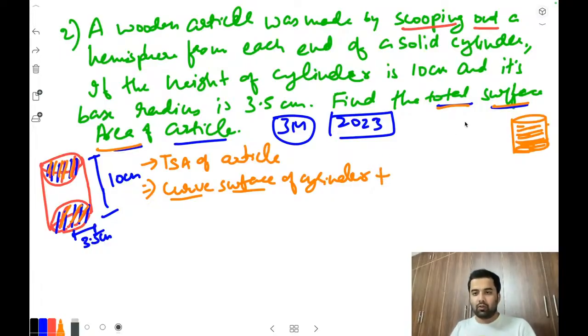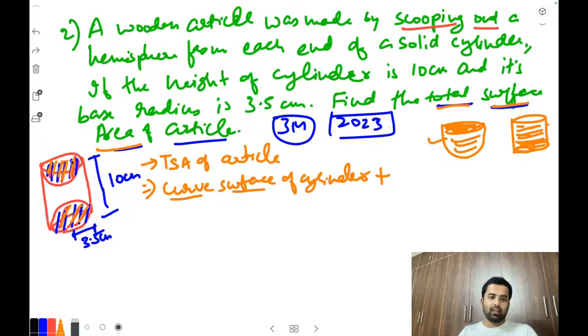What are you going to add? Imagine it. You have a hemispherical shape cut down on both sides, up and down. You know that this circle is not there because it is a hollow space inside. So you will only find the curved surface area, right? Can you imagine that? We have two hemispherical shapes, this one and the below one.